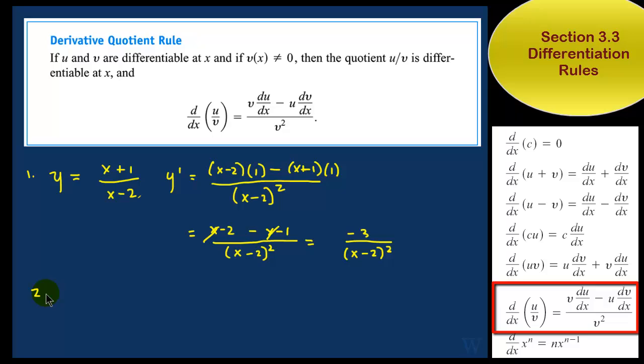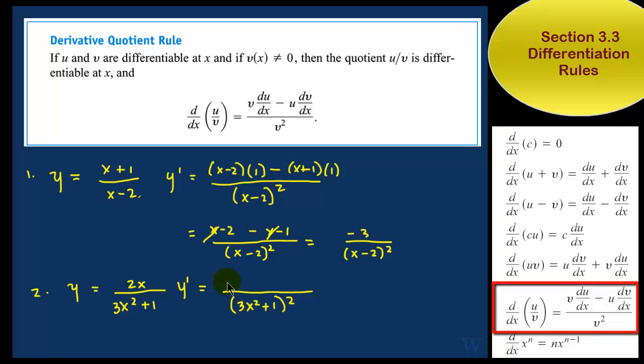Let's take another example. Let's say y is equal to 2x divided by 3x squared plus 1. What would be y prime? Y prime is equal to, let's go ahead and square what's at the bottom, 3x squared plus 1, whole thing squared. Now what lies on the top?